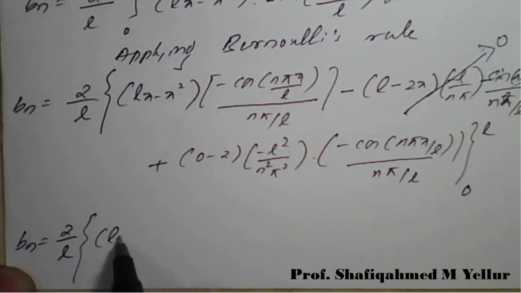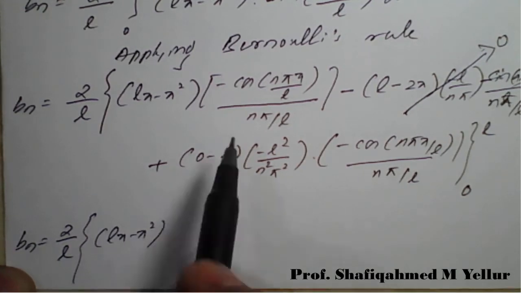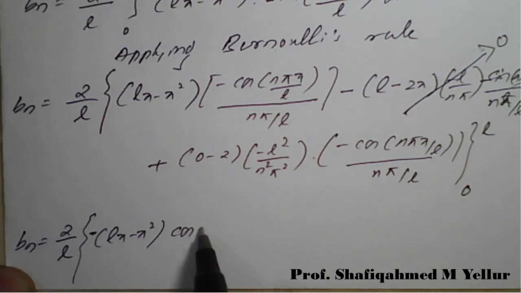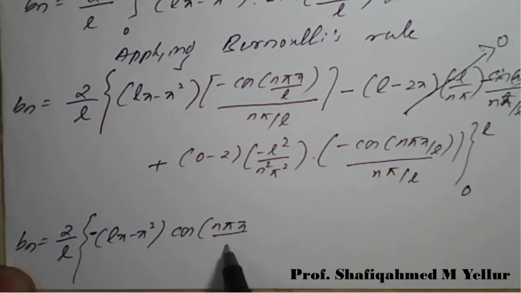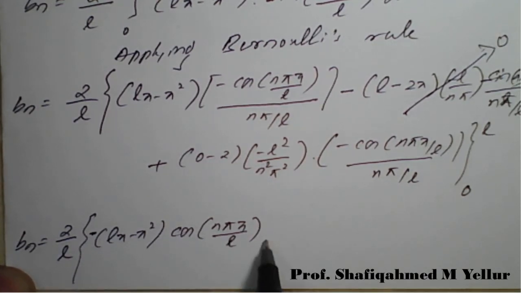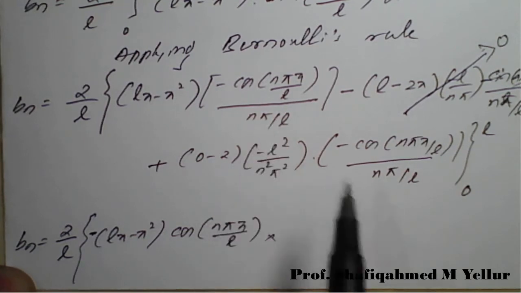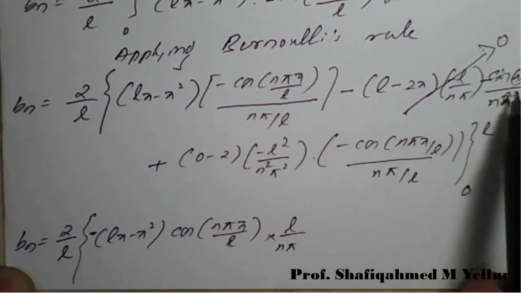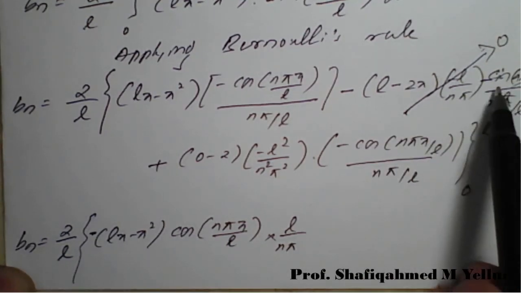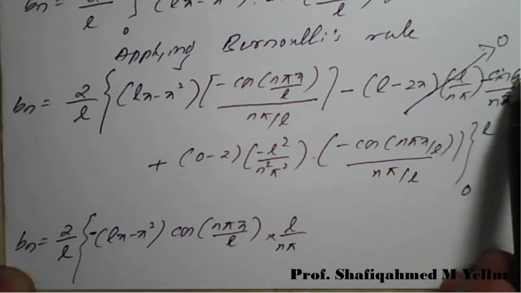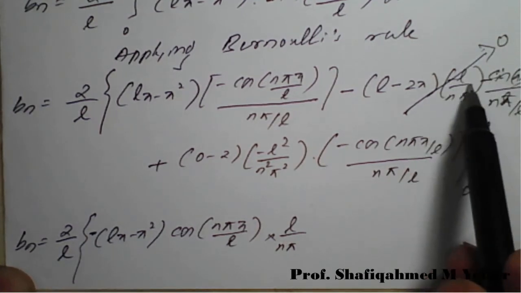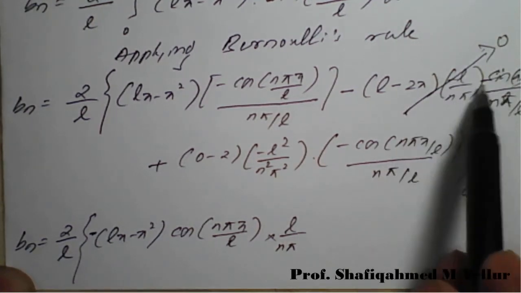It will be Lx minus x square, this minus sign I will take before the bracket, into cos of n pi x upon L into this n pi upon L, I will write L upon n pi. This second term vanishes because if you replace x by L, it will become sine n pi, because L cancels. Sine n pi is what here? 0. If you apply the lower limit, sine of 0 is 0, so that's why the middle term I have made as 0, because it will turn to 0.